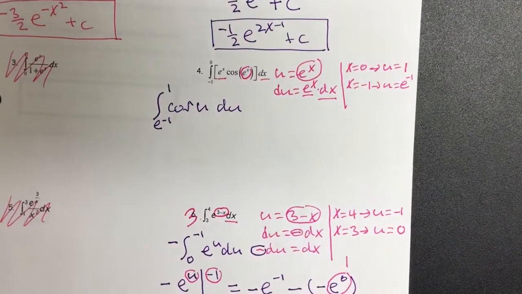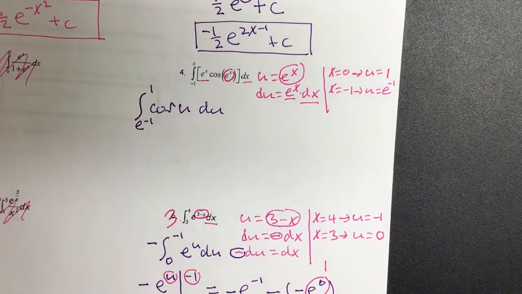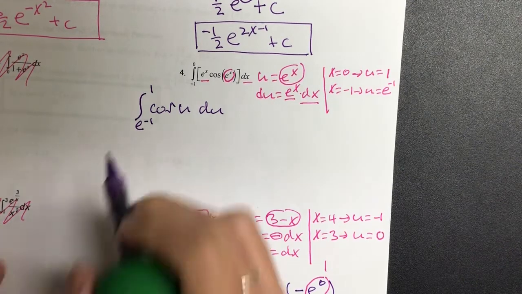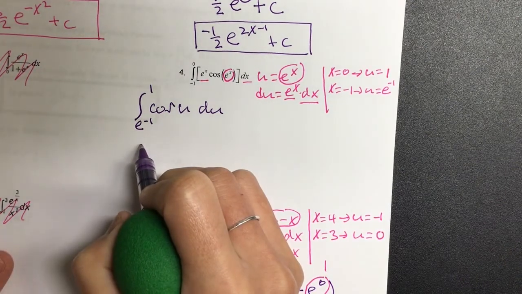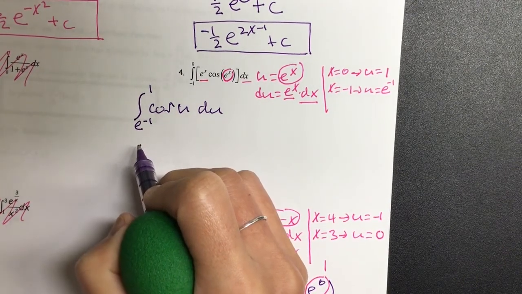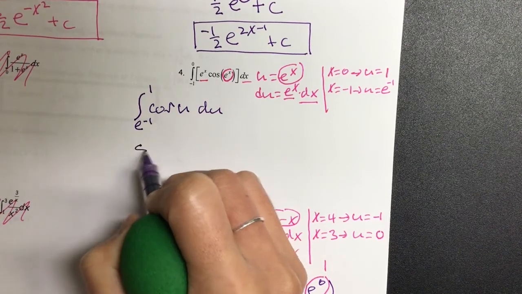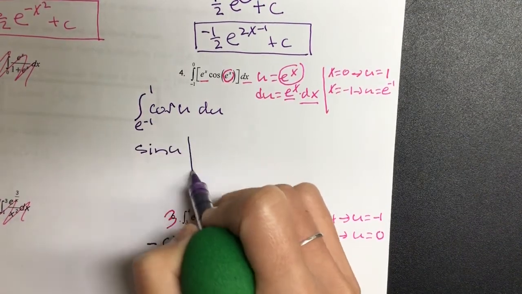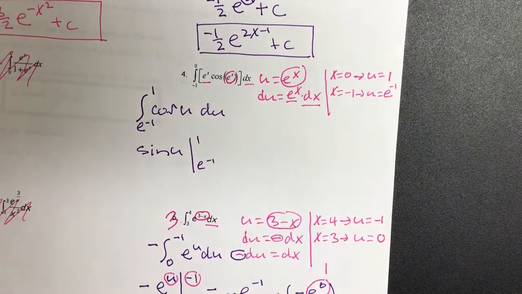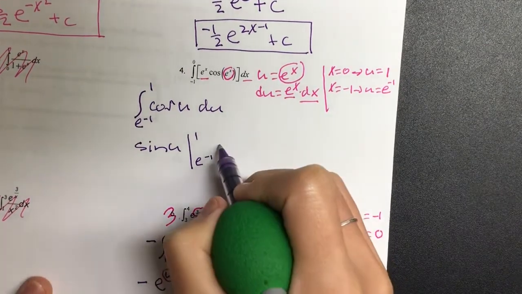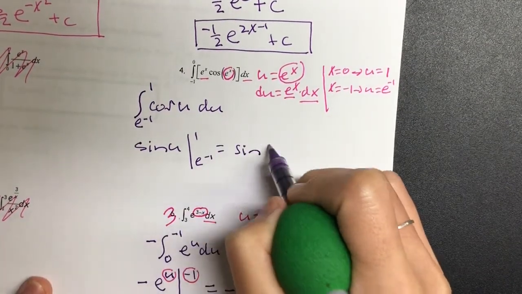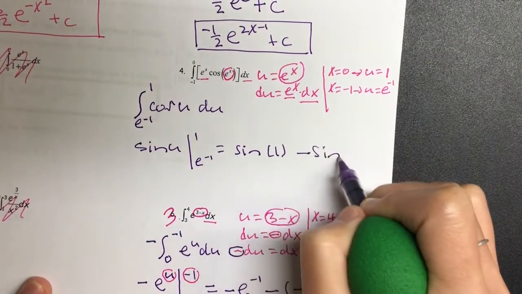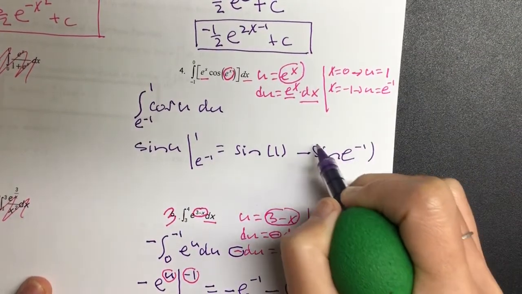So now let's integrate. When I integrate cosine, what do I get? Think of snow cone backward. Sine u, and I'm going to leave my bound. Let's plug it in. We get sine of 1 minus sine of e to the -1.